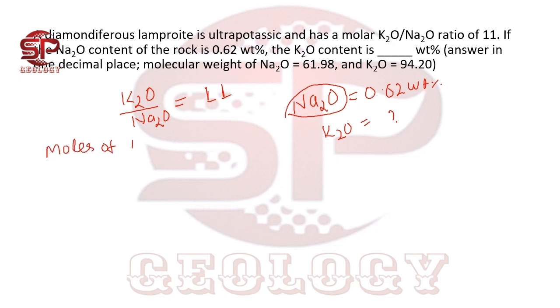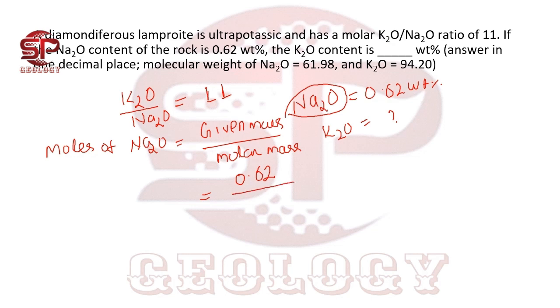Moles of Na2O is given mass by molar mass. The given mass is 0.62, divided by the molar mass.